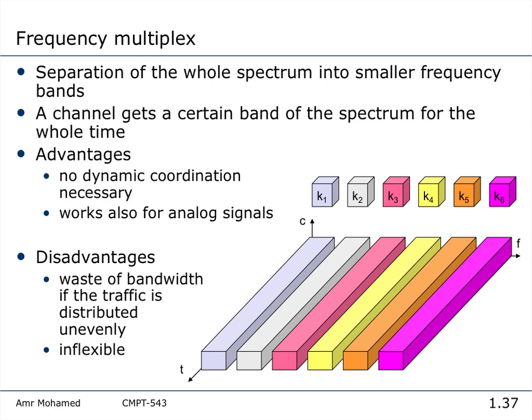One of the disadvantages is that, as we said, it's a waste of bandwidth. And it's inflexible in the sense that once I allocate these frequencies, it's not easy to just change. I can't say, okay, Omenna does not have anything to say, so let me give the frequency range to another person. No, it's not like this. It's not at your discretion. It's inflexible. We predefine the frequency ranges for each user, and that's it. Of course, that was rigid and inflexible, and in 2G they started to make that dynamic. We'll talk about how.